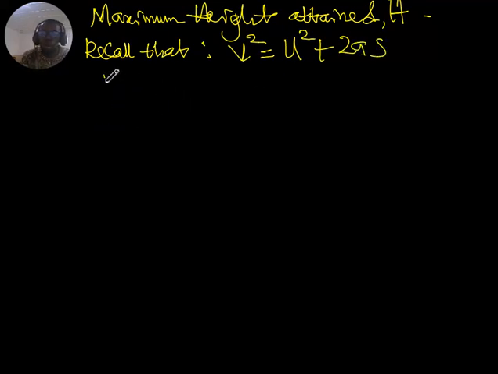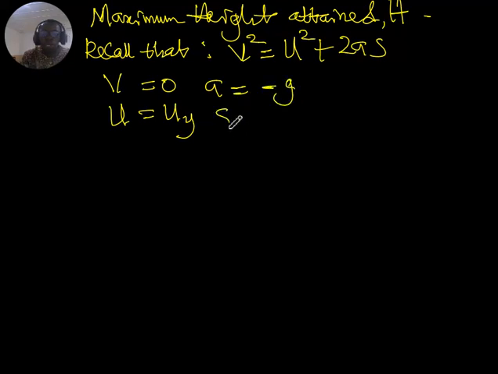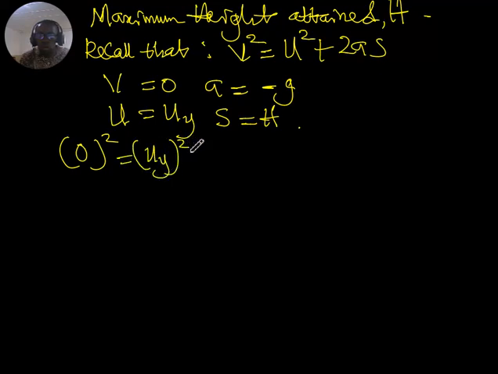Now at maximum height, note v will become 0, then height is taking place on the vertical component, so u also becomes u of y. As the body is being thrown up, a turns to negative g, and since it's gaining height, distance turns to h. So we put all this back into this equation. You have 0 squared equals u of y squared minus 2gh.